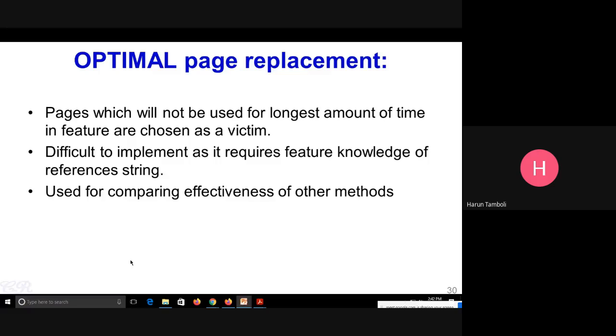But this algorithm will give you the minimum number of page faults. This is an MCQ question: which page replacement algorithm will give the minimum page faults? The optimal page replacement algorithm will give you minimum page faults, but it is very difficult to implement.